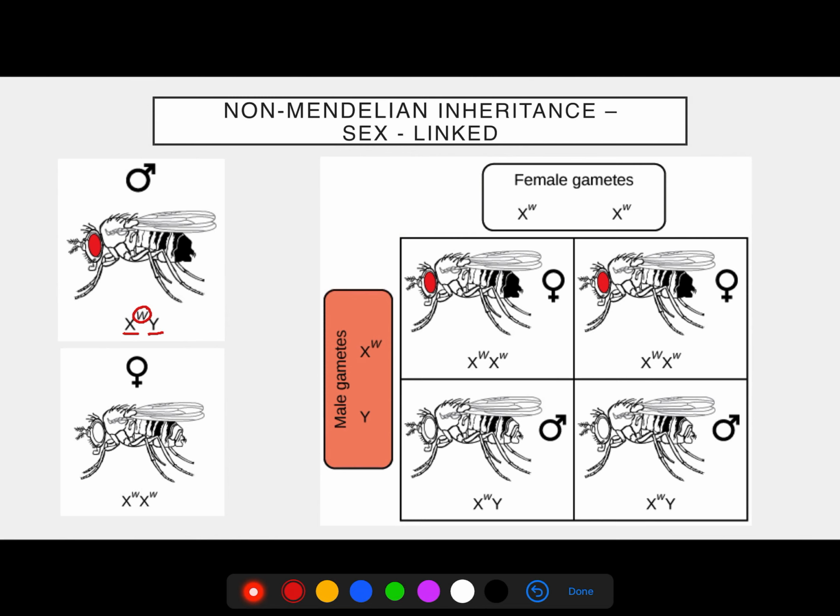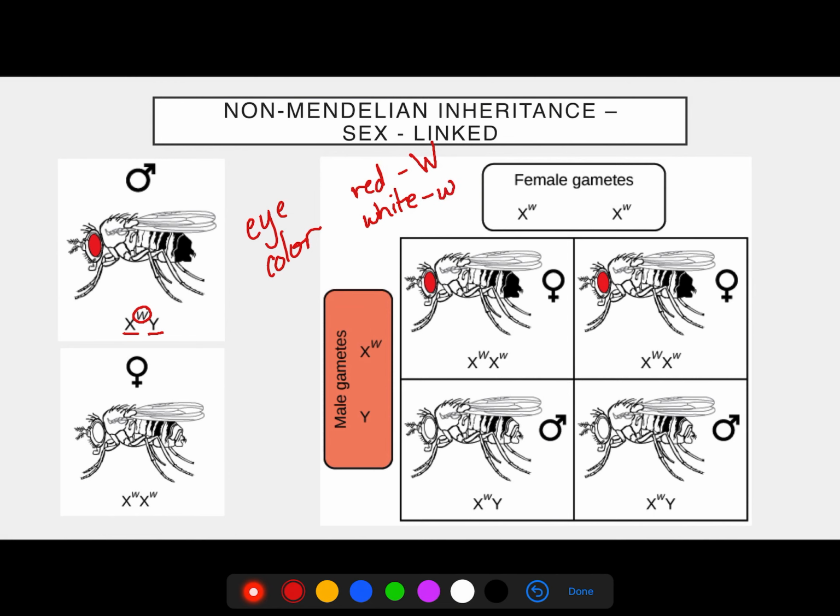What we're following here is eye color in the fruit fly of males and females. And the 2 colors are red and white. Red being capital W, white being lowercase w.